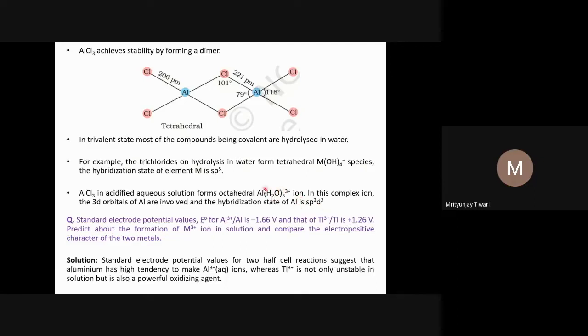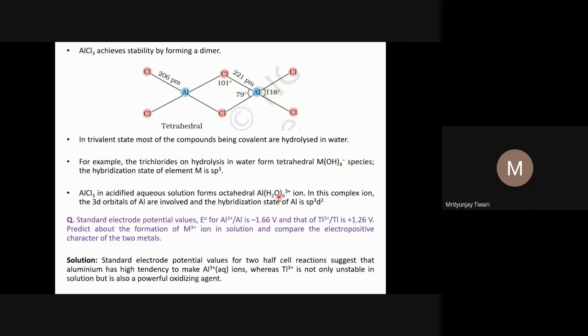Why? Because if you consider the valence shell electrons of aluminium, we know it is 3s2 3p1. But with the s and p only 4 orbitals are there, so it can have only 4 bonds. But what we see here is 6 bonds, 6 ligands, as water provides 6 ligands.